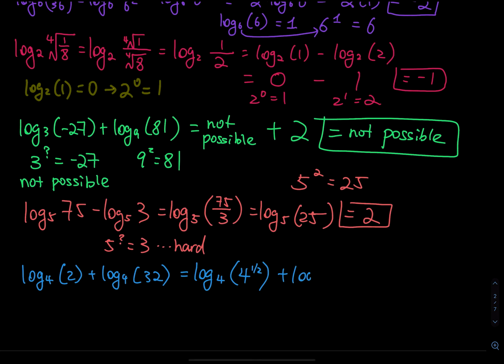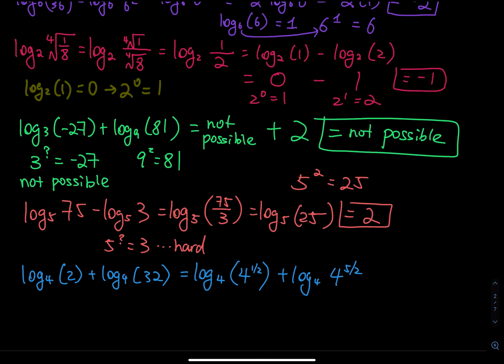And then plus log base 4. And then the 32, I will just do 4 to the 5 over 2. Because for the half, do you see the denominator, the 2? The square root of 4 is equal to 2, and then 2 raised to the 5th power is equal to 32.